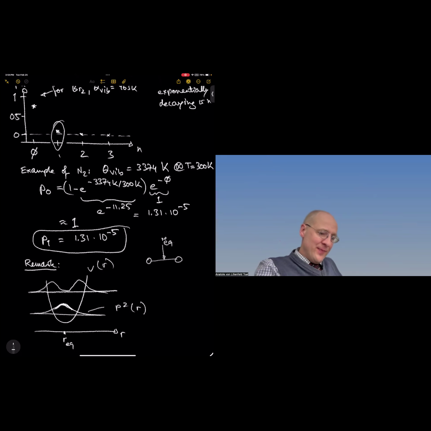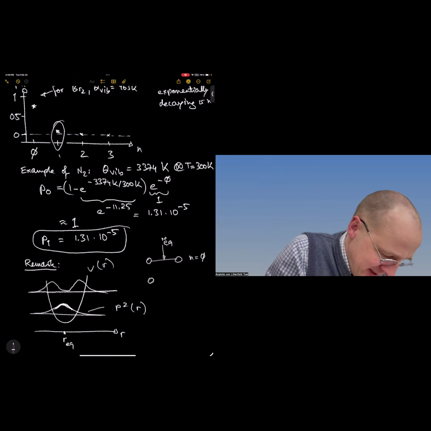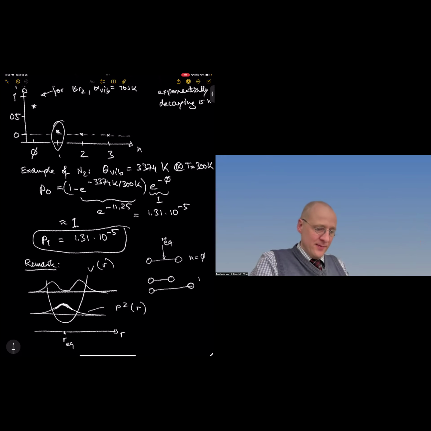What you see, this is for state 1, state 0. For state 1, you either have your atom here or you have your atom here. It's a superposition.